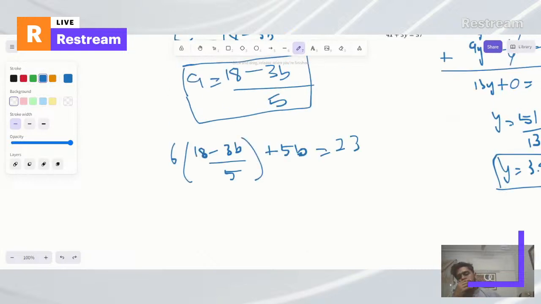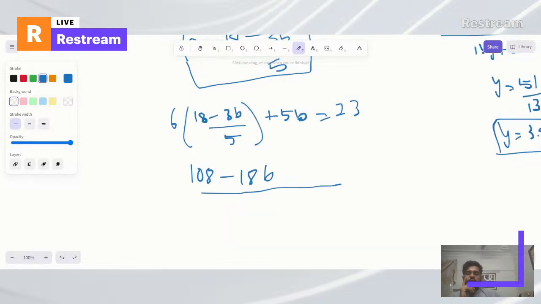So now we're going to multiply these. 6 times 18 becomes 108, minus 6 threes are 18, so 18b, right?